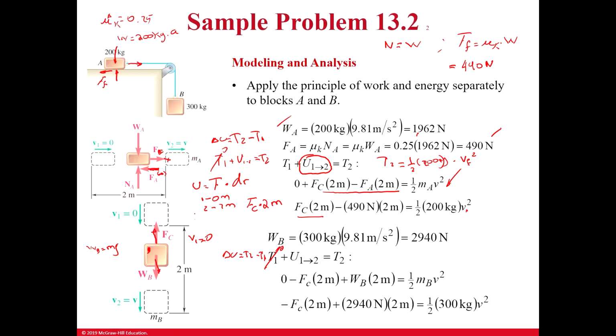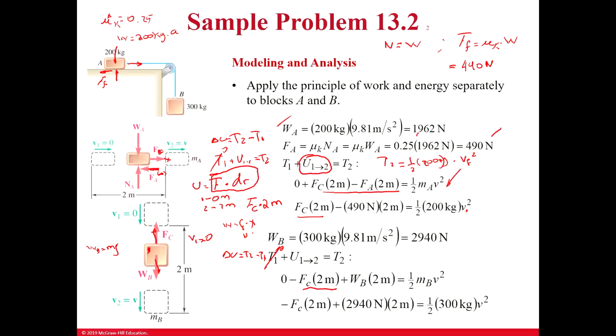Therefore, what we need to do next is use the same equation, now taking into consideration the 2 meters. The cable traveled 2 meters, so the force of the cable times the 2 meters, because we need to get the work done, which is force times distance. Remember, work is force times distance. This is the force of the cable, and the distance, we have units of joules.